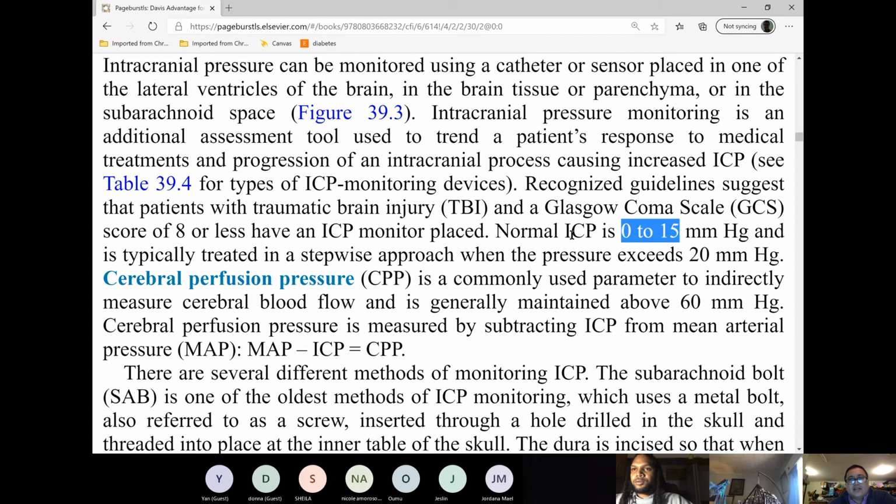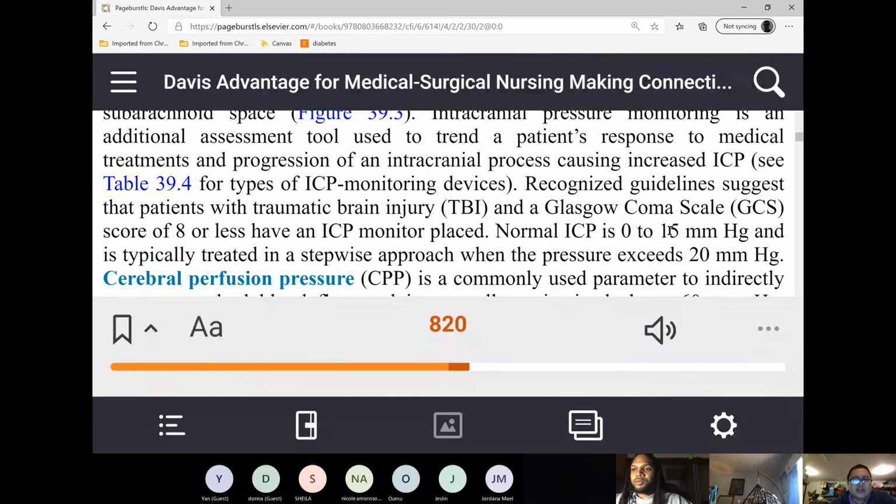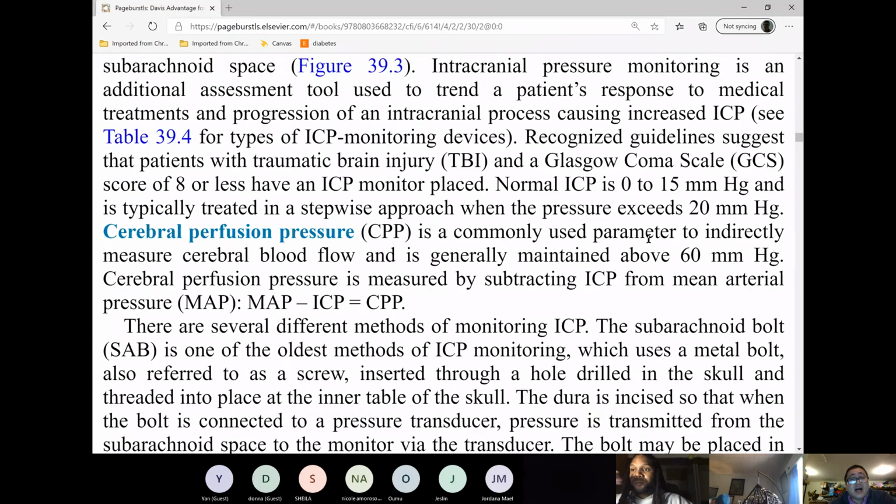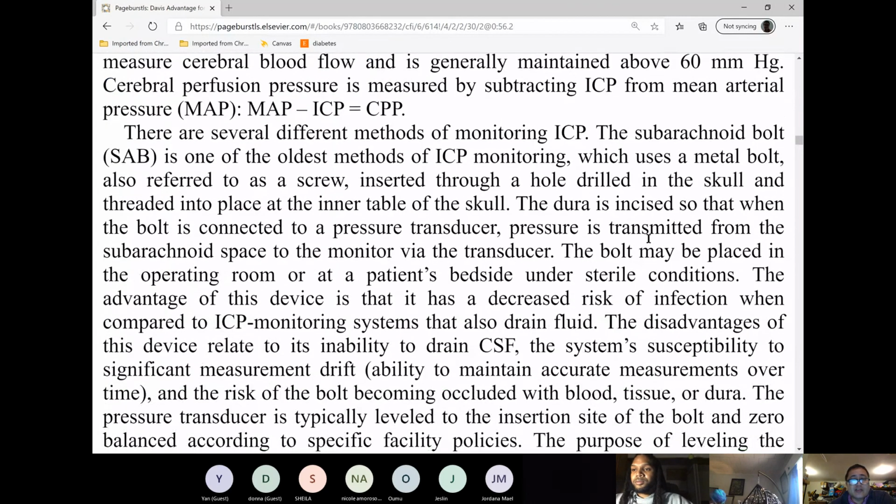We really don't want it to be less than 10, but since it says here 0 to 15, then fine. We're not really concerned if the ICP is low. We're really concerned if it's high, for obvious reasons, because there will be herniation if there is an increased ICP.